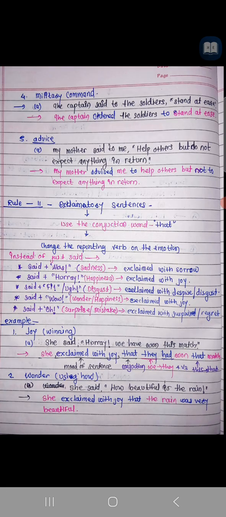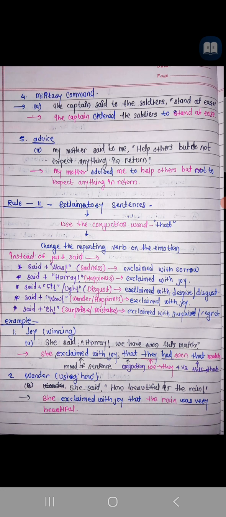"Oof, fie" means disgust. And "oh," you must check the mood, you must check the reported speech, because after "oh" like surprise, use surprise there. If the reported speech has a mistake, then use mistake there.